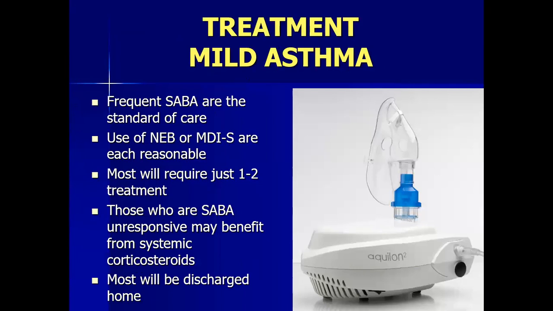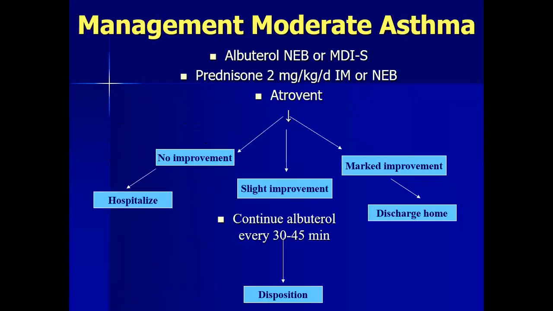Treatment of mild asthma: frequent SABA are the standard of care. Use of nebulizers or MDIs is reasonable. Most will require just 1-2 treatments. Those who are SABA unresponsive may benefit from systemic corticosteroids. Most will be discharged home.